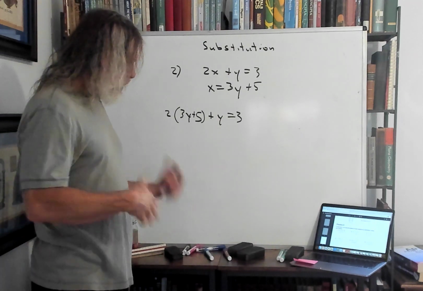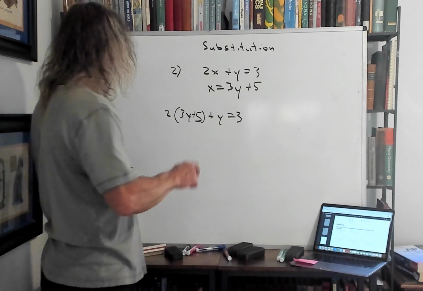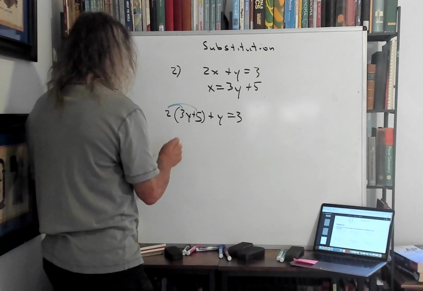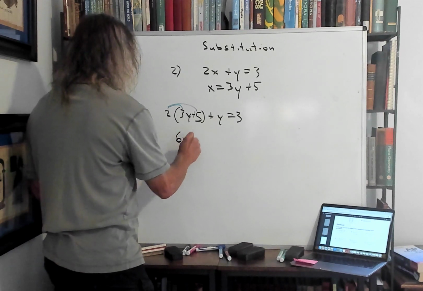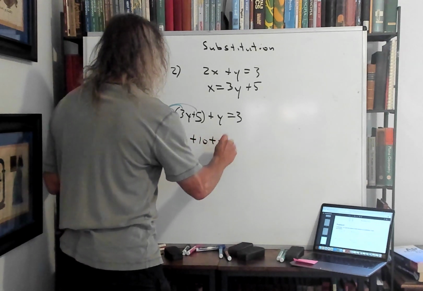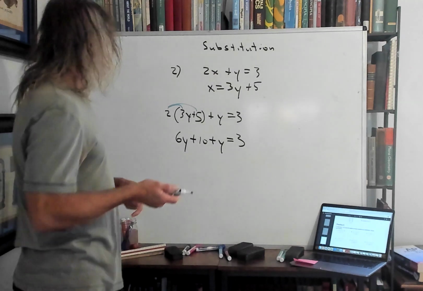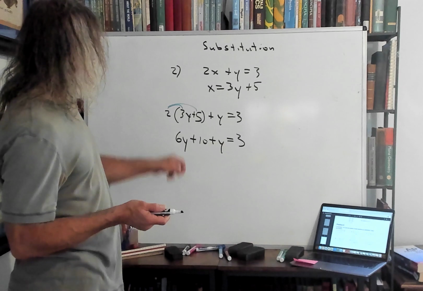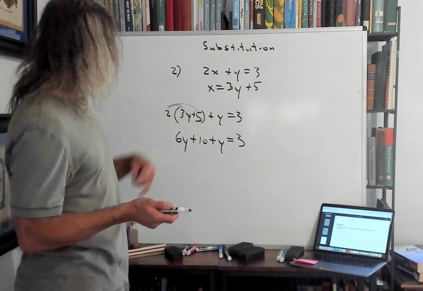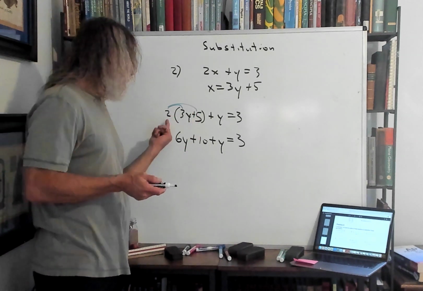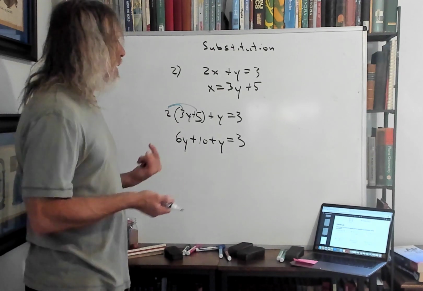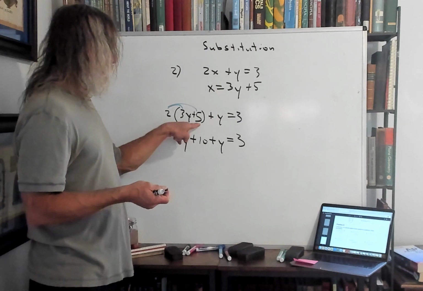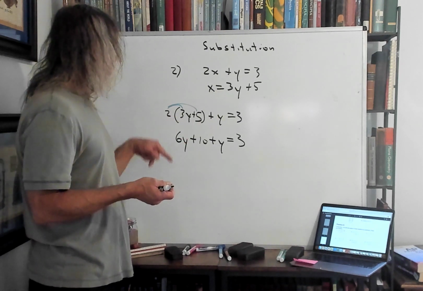Then, as we practiced, we distribute. Multiply by 2. 6y plus 10 plus y is 3. 2 times 3 is 6. 2 times 5 is 10. Remember, each of these gets multiplied by 2. Some people are forgetting to multiply the 5 by the 2.